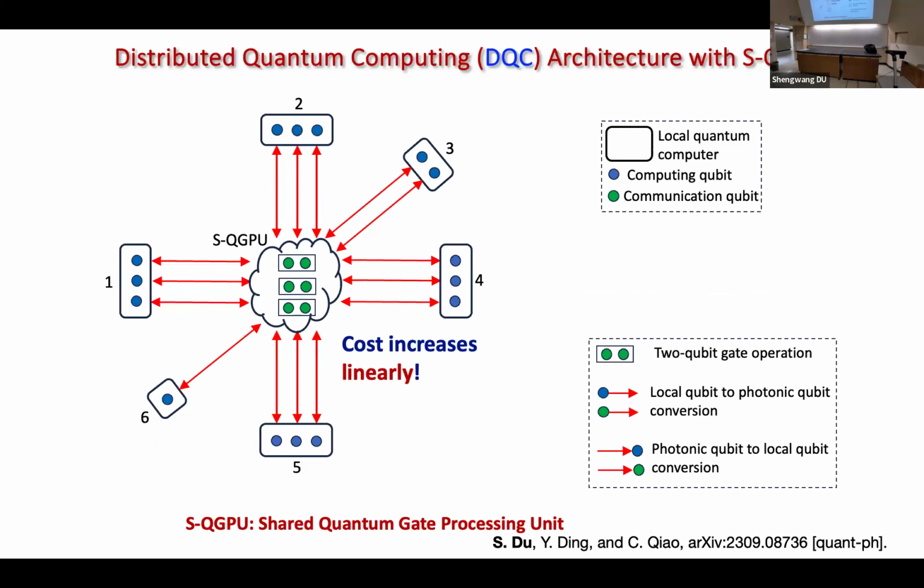So if you have this unit, I'll use this to represent the unit. You put it here, then this picture will work. If you know how to convert, for example, a single photon qubit, then go here to the gate operation I already explained. This is how the picture works.